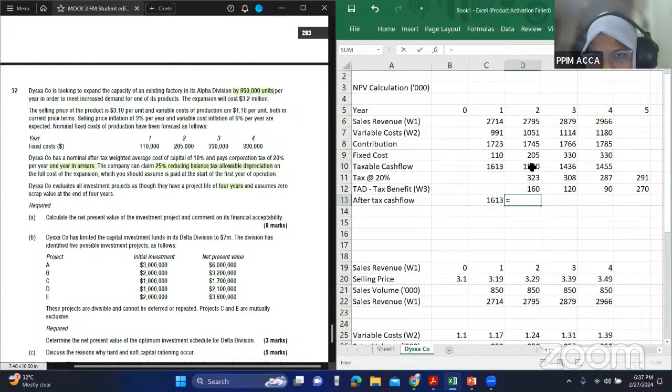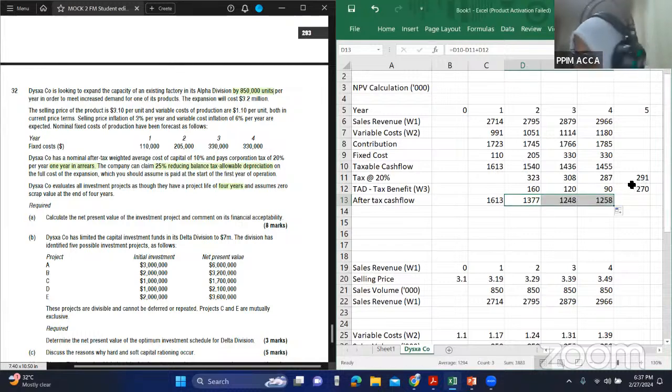This will be 1,540 minus whatever tax you're paying plus whatever benefit you're getting. So you can copy this for these two because the functions are the same. And in year 5, you will have 291, which is a negative figure, and 270, which is a positive figure. So overall, this will end up being negative.